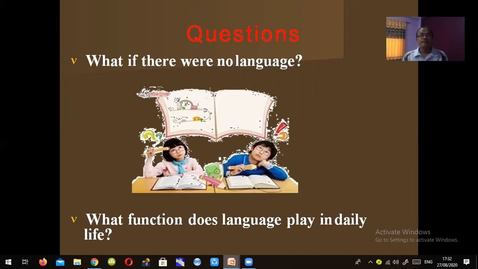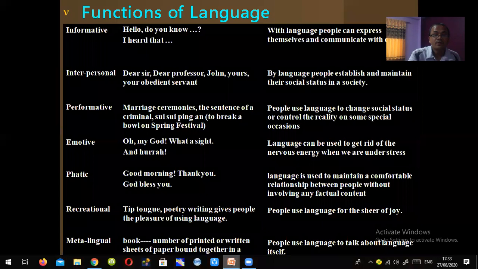If language has a role to play, then what sort of functions does a language have? Let's have a short glance over the functions of language.